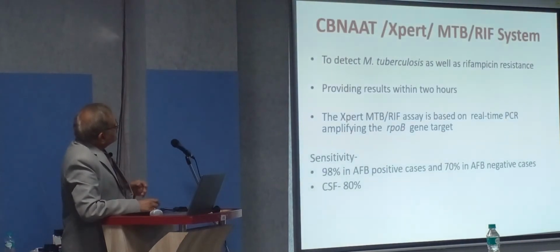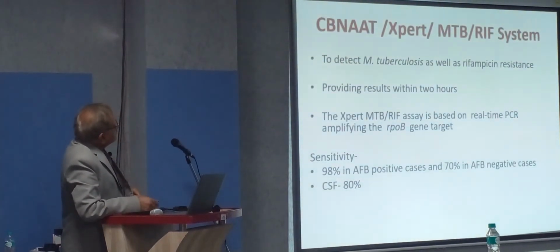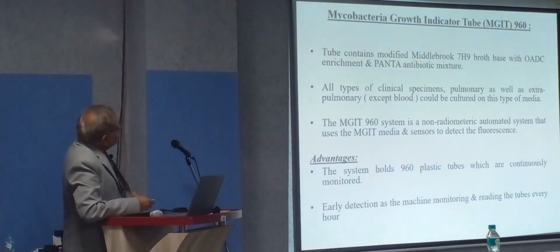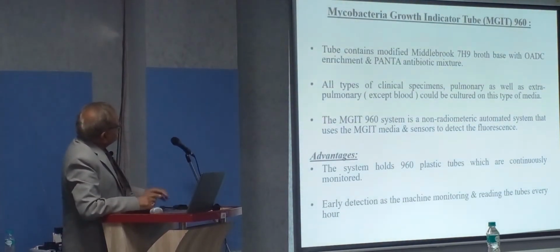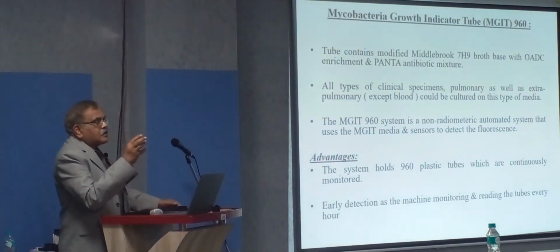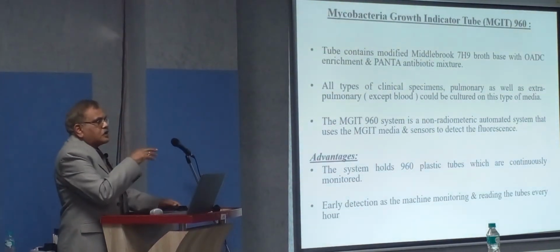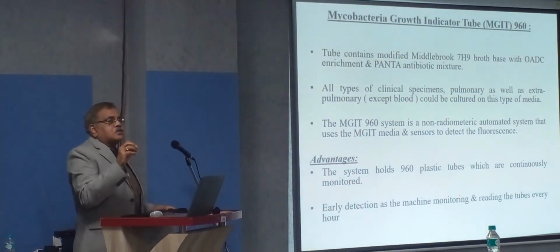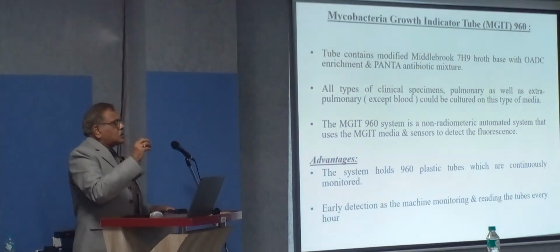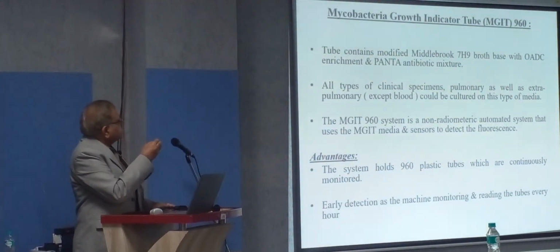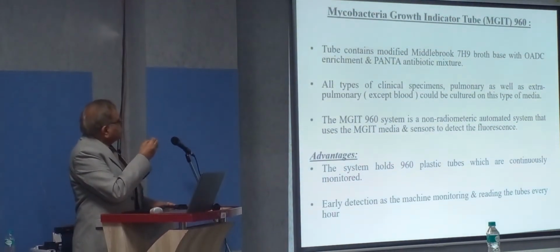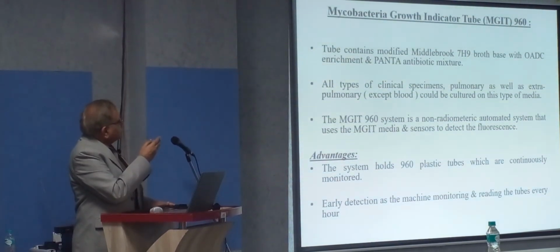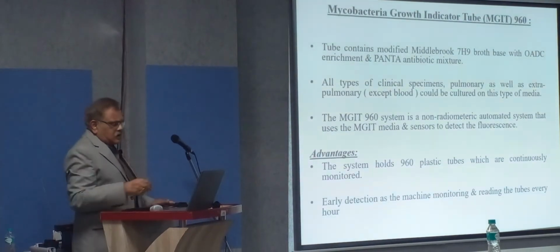In the MGIT method we used to add PANTA, 5 antibiotics, to reduce contamination and cross infection with other bacteria. PANTA was, I think, polymyxin B, amphotericin B, nalidixic acid, trimethoprim, and azlocillin or something. So 5 antibiotics were there.